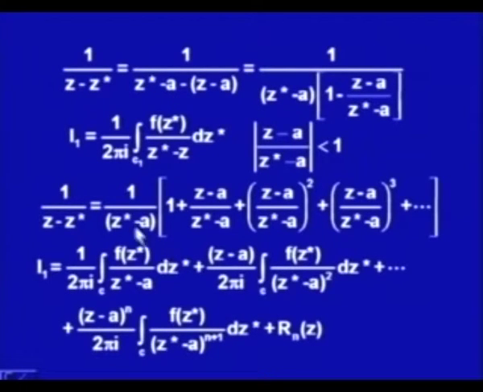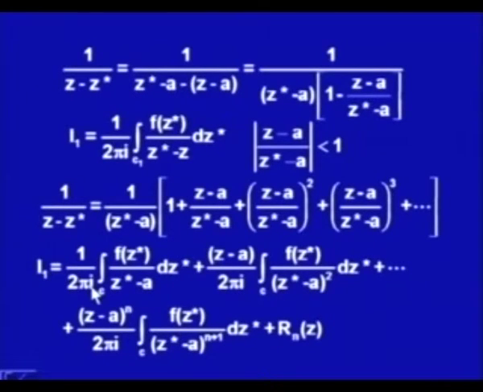So, we multiply this series by f z star, integrate over the curve C 1 and then multiply by 1 upon 2 pi I. This we do for each and every term. So, the first term will give me 1 upon 2 pi I and the integrand is f z star over z star minus a d z star integrated over C, plus z minus a over 2 pi I, and then the integrand is f z star over z star minus a whole squared d z star, and so on.